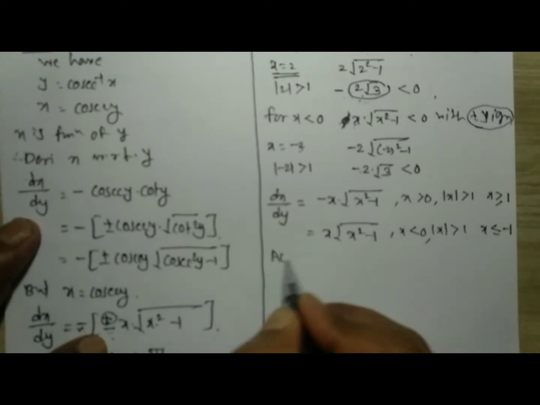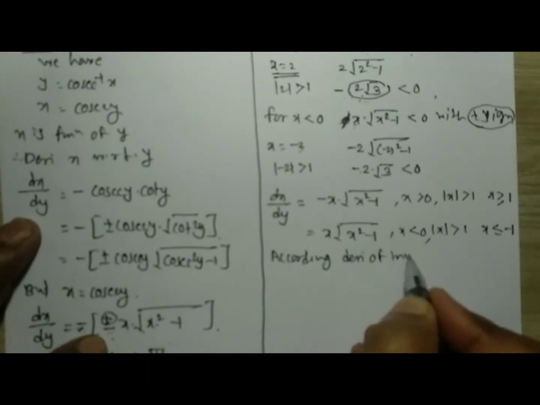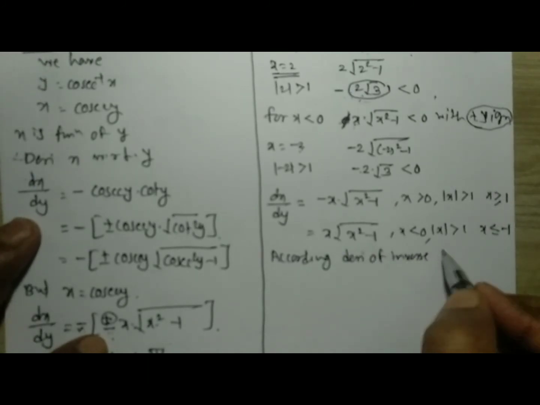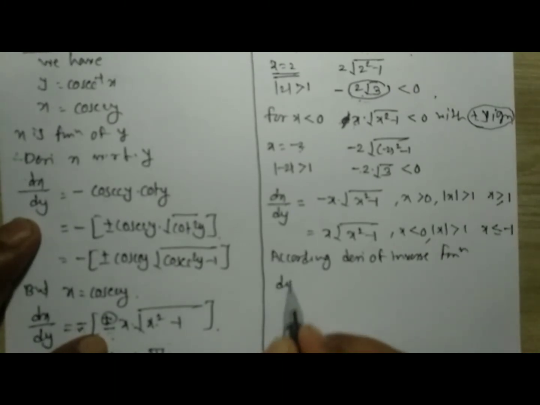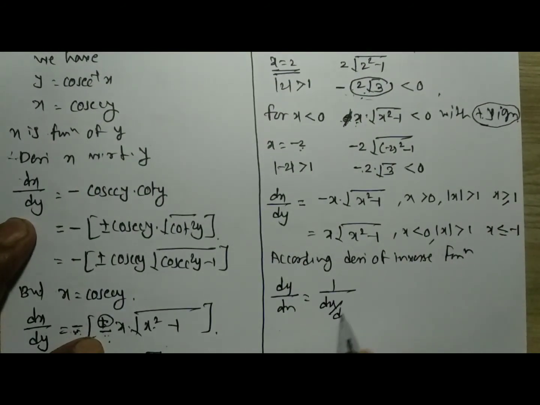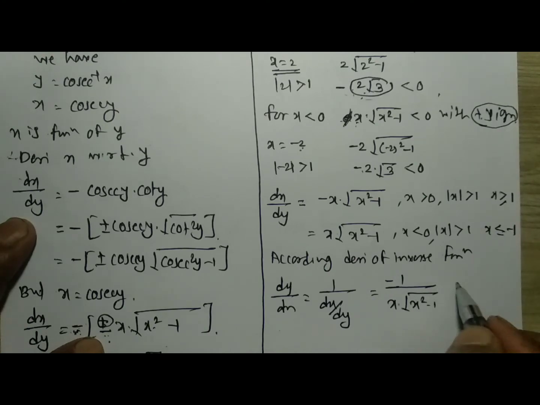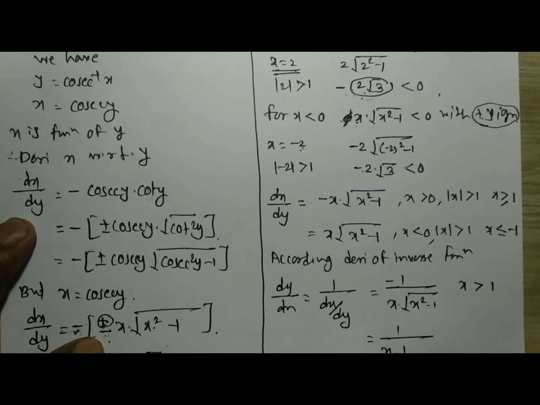And according to the derivative of the inverse function, dy by dx is equal to 1 divided by dx by dy, and it is equal to minus 1 divided by x into square root of x square minus 1 when x is greater than 1, and it is equal to 1 divided by x into square root of x square minus 1 when x is less than minus 1.